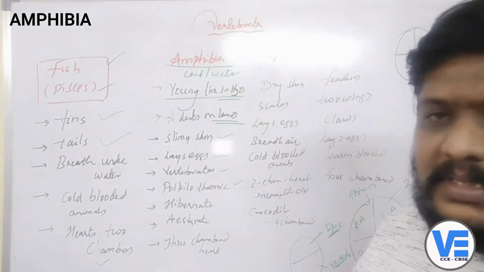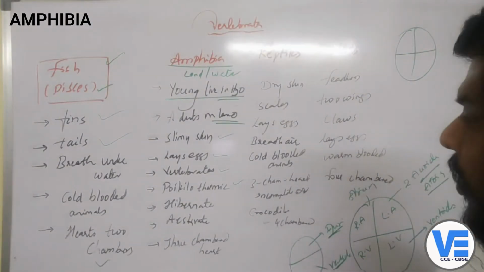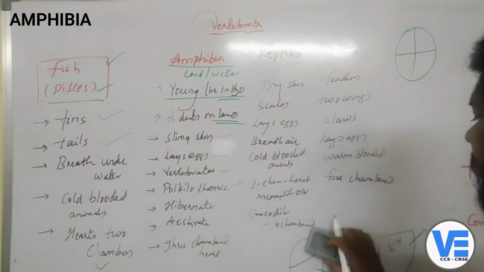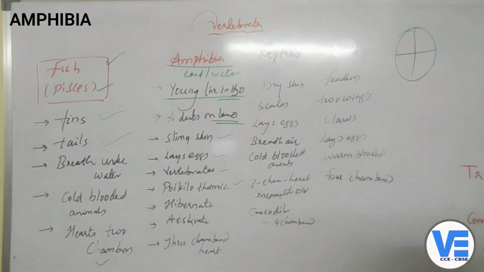And then these are organisms which are poikilothermic, right? What is poikilothermic? Poikilothermic organisms are those whose body temperature is slightly higher than the environment.